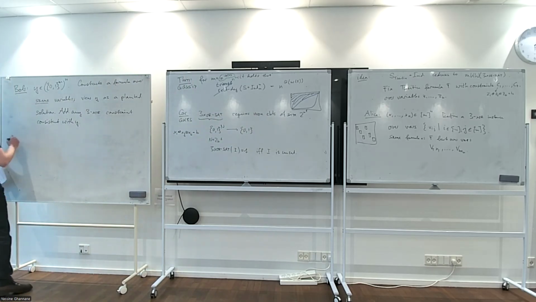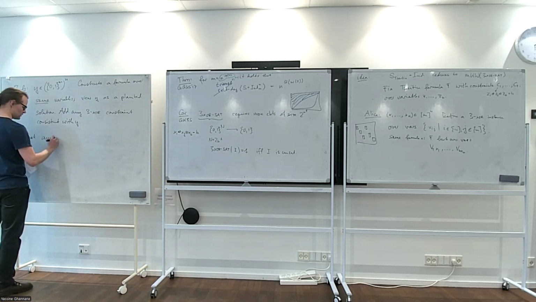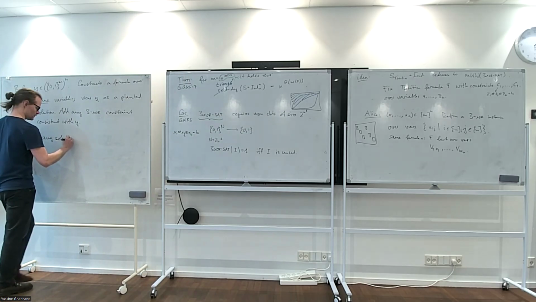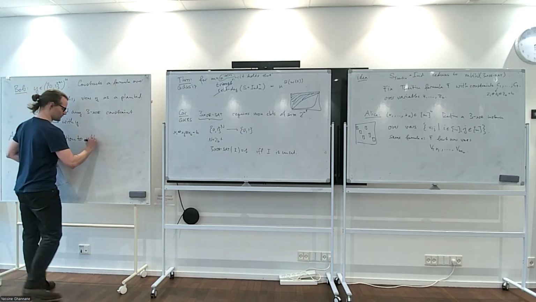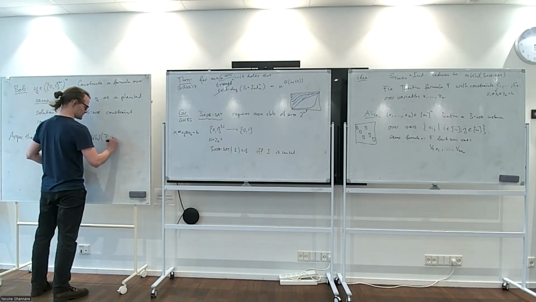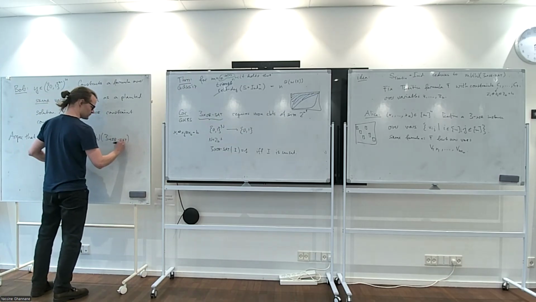So all that remains is to argue that any solution to the monotone Karchmer-Wigderson game on this 3 XOR SAT problem, right?